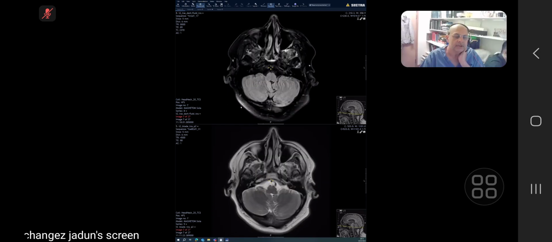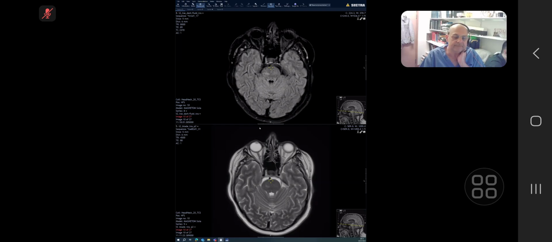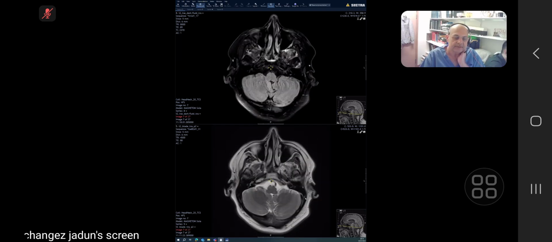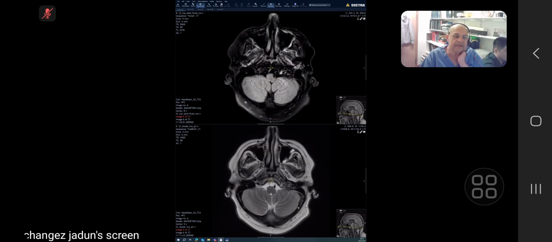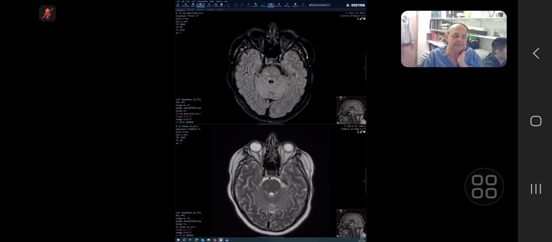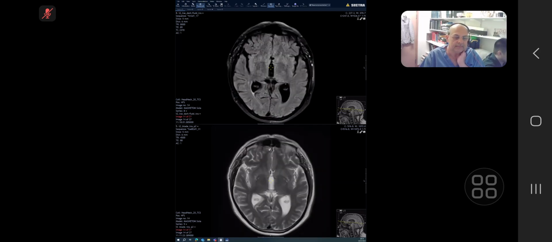So for the audience, she thinks there is something in the venous sinus. She's not sure, but she is comfortable enough that there is nothing in the venous sinus. Then she is worried a bit about the pons, but she is not very concerned.